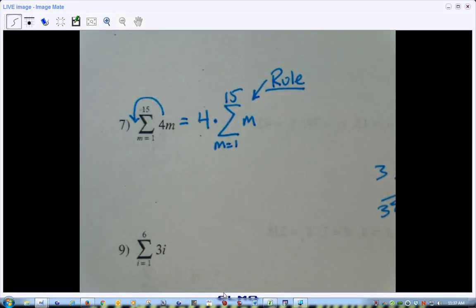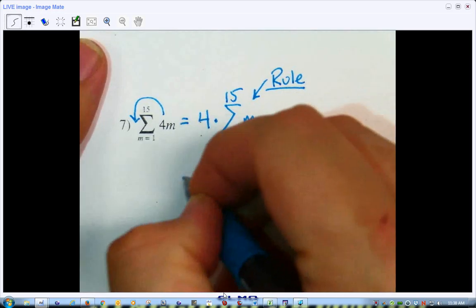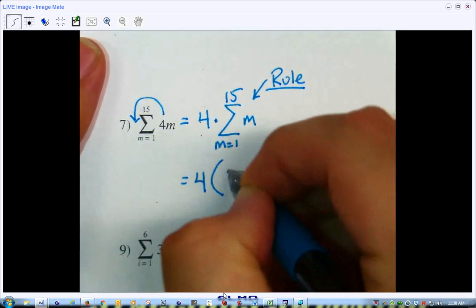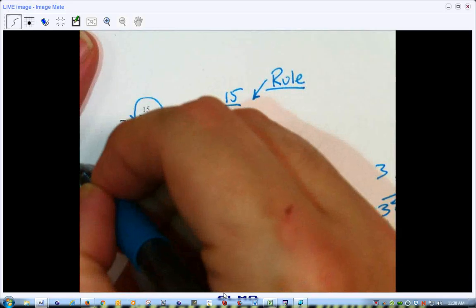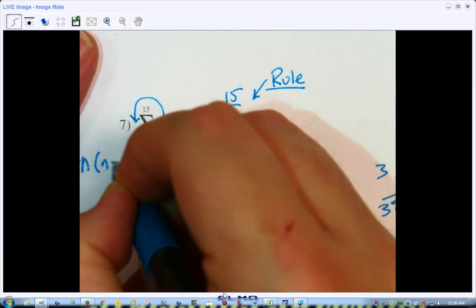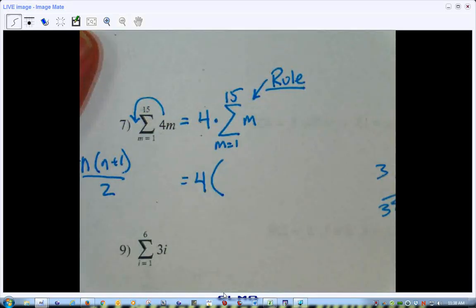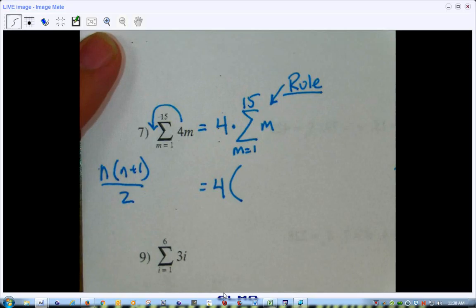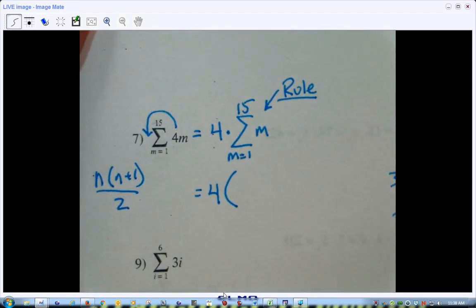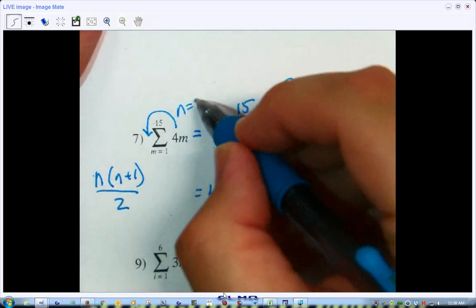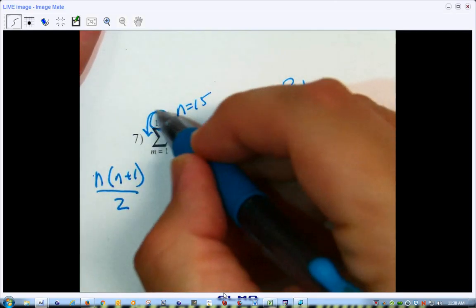So we go to the wall, take a look at the wall, and the formula is n times n plus 1 all over 2. So I have 4 times that. Now what's my n value? Yeah, n is equal to 15 because that top number there is n.